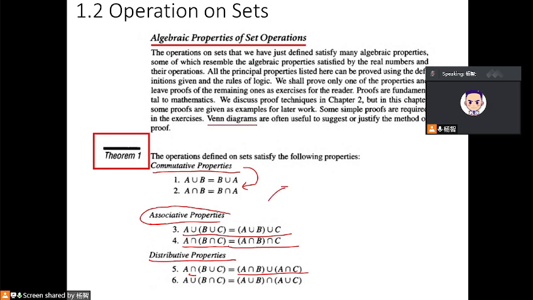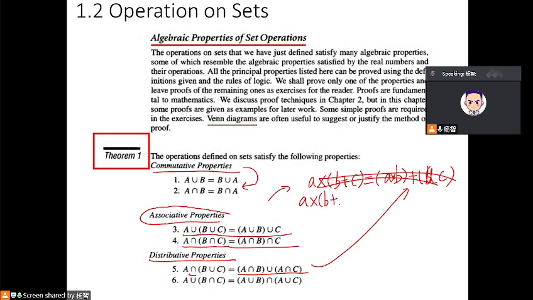It's because in math we can say that A multiply B and C equals A multiply B and A multiply C. Sorry, I repeat it.